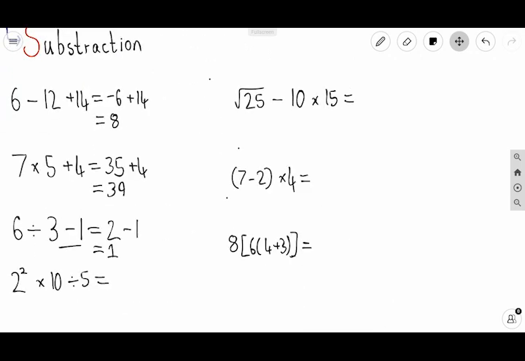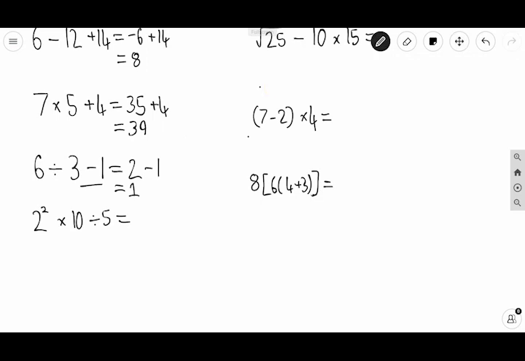So we do 2 squared first, giving us 4, multiplied by 10, divided by 5. And since multiplication and division are on the same level, we will just do it left to right. 4 times 10 is 40, divided by 5.